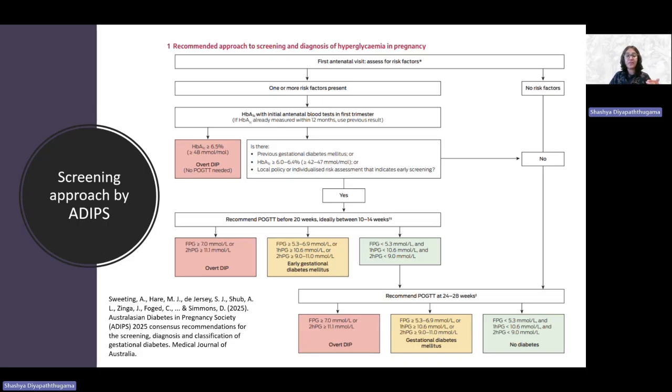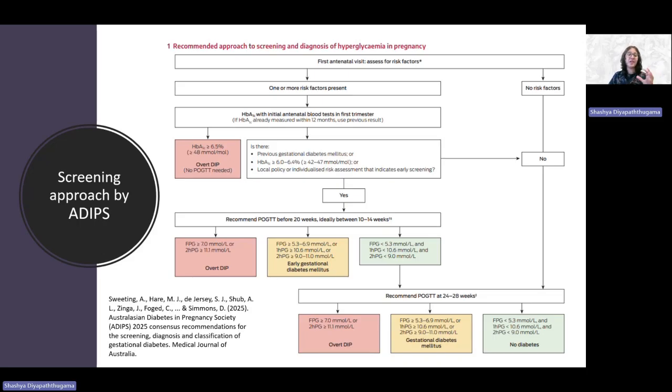But if somebody has a risk factor, then in the first trimester they can test for HbA1c. If this HbA1c is above 6.5, the threshold value for non-pregnant adults, then that would be overt diabetes in pregnancy.